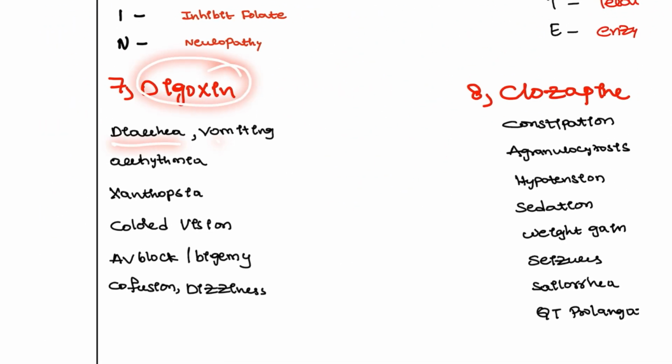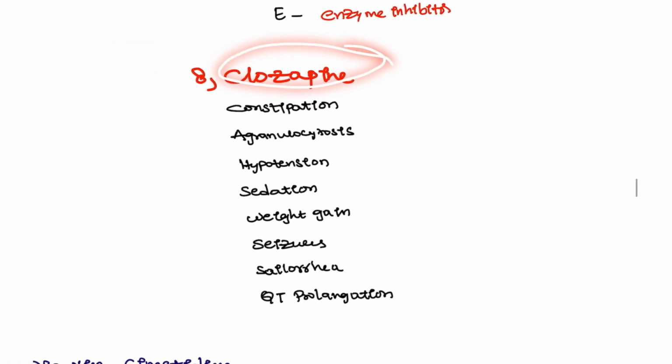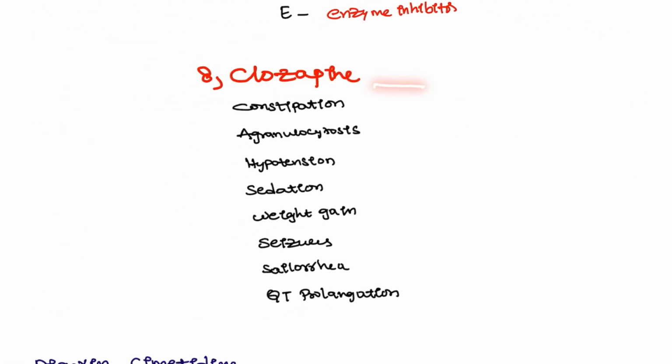Digoxin: diarrhea and vomiting, arrhythmias, xanthopsia, colored vision, AV block, ventricular bigeminy, confusion and dizziness. Clozapine is a very important second generation antipsychotic: constipation, agranulocytosis, hypotension, sedation, weight gain, seizures, increased salivation, and QT prolongation will be seen.